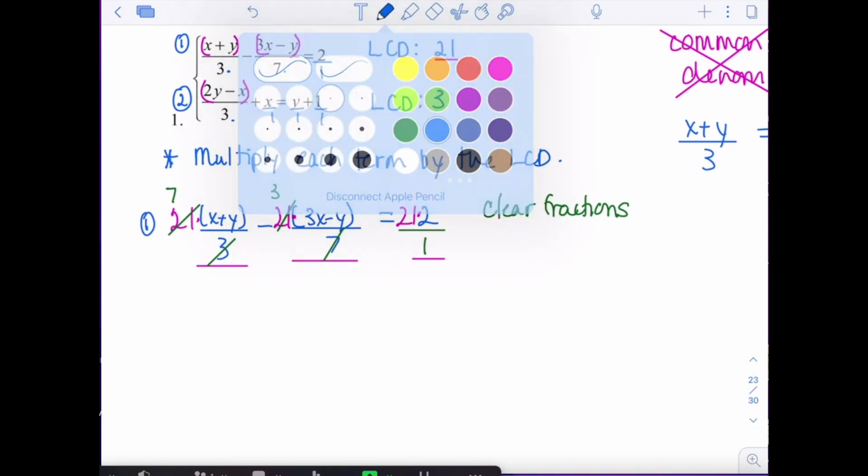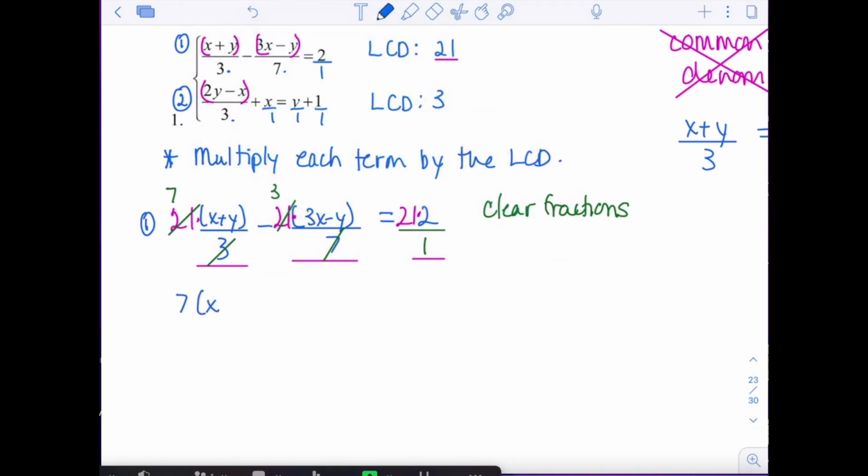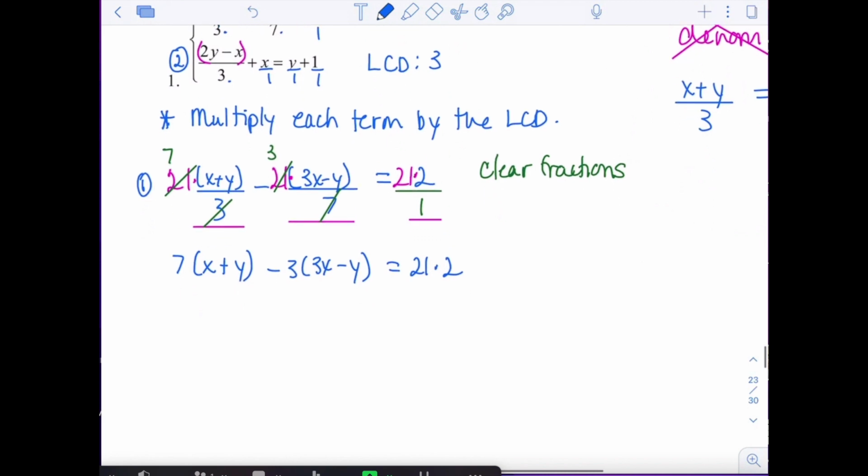Now what we're going to do in the next step is just kind of a tidy up line. So you'll notice that in this line we have no denominators. We have successfully cleared all fractions, which is what we want. And now I have something that looks closer to a linear system. So I will distribute.